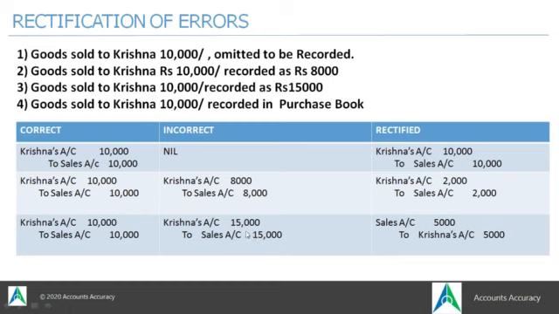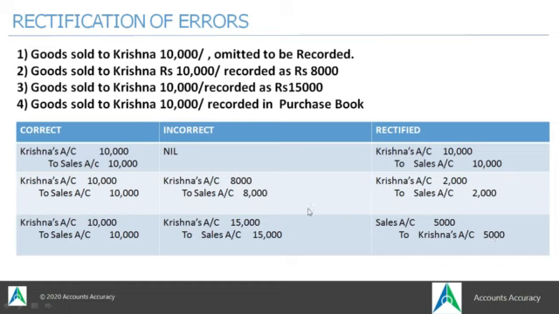15,000 minus 10,000 will be how much? 5,000. So for that 5,000 you need to cancel the entry. How will you cancel? You have to make debit as credit and credit as debit. Sales was credited 5,000 extra, so you will debit 5,000 in the sales account, and Krishna was debited 5,000 extra, so you will credit Krishna with 5,000.